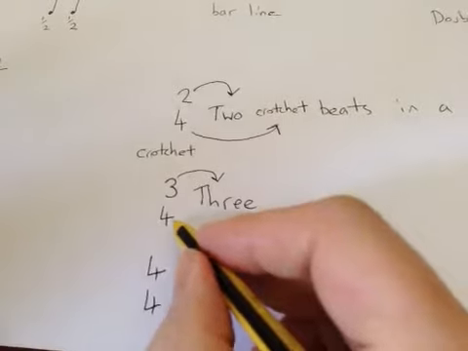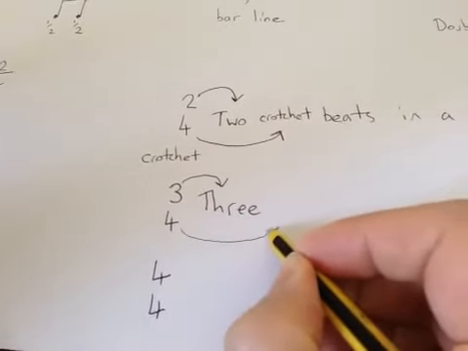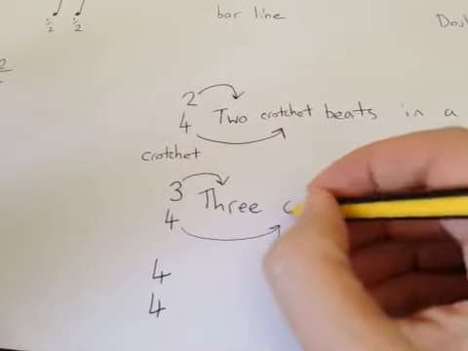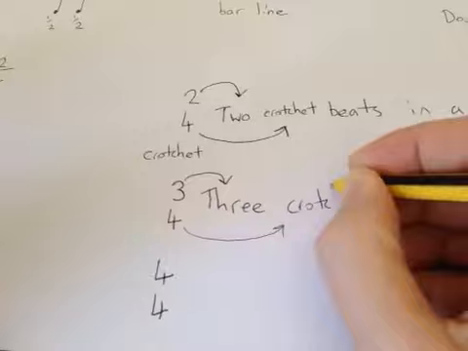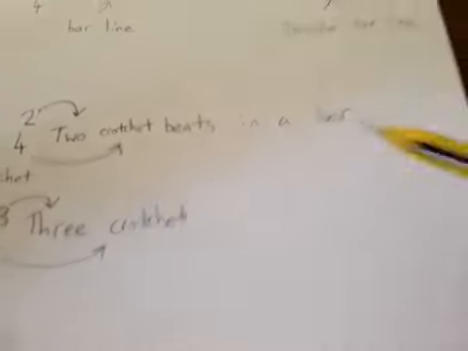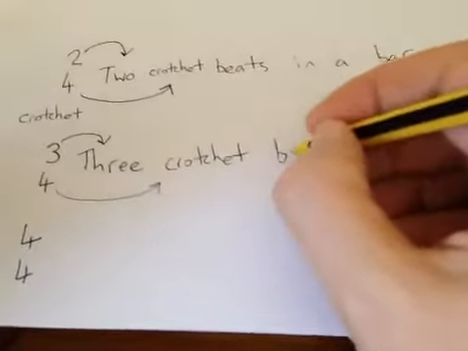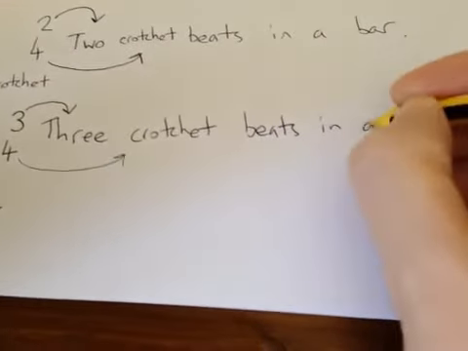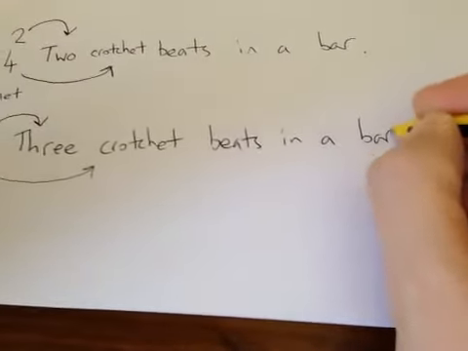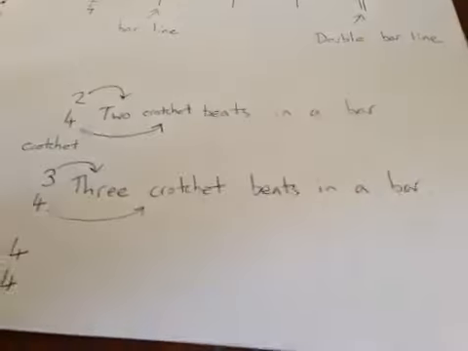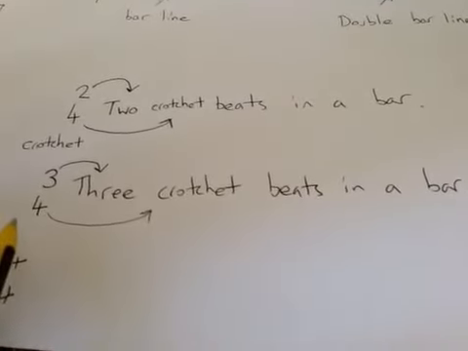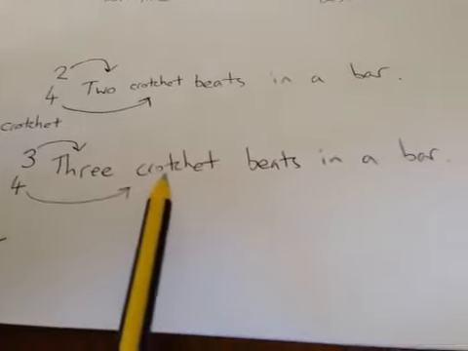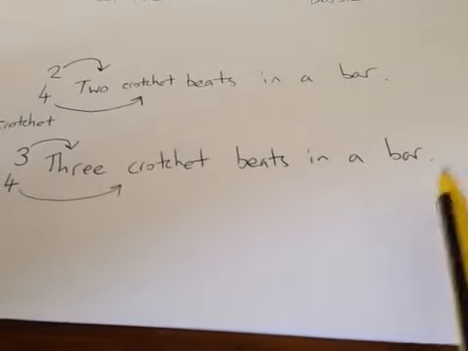And then the next word, because we've got a 4 under there, it's just a code for crotchet. And then we just finish it off with beats in a bar. So you can see there 3/4 means 3 crotchet beats in a bar.